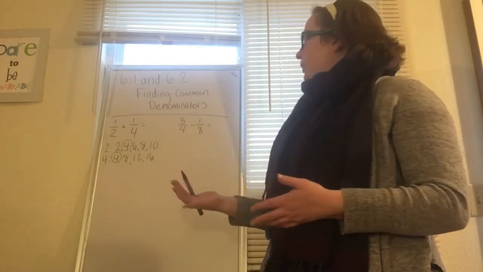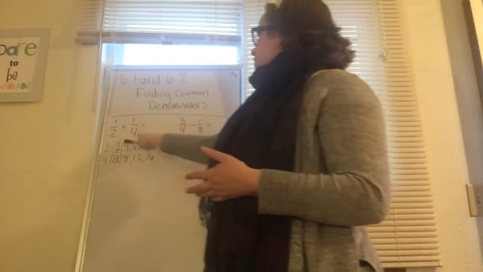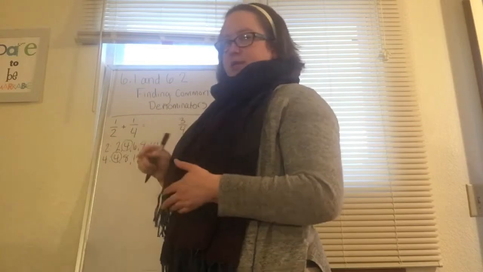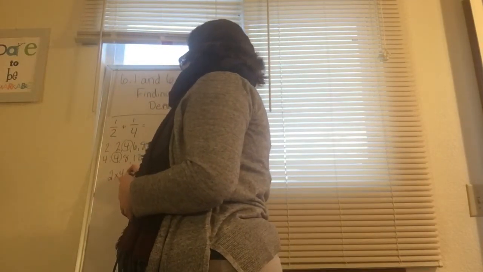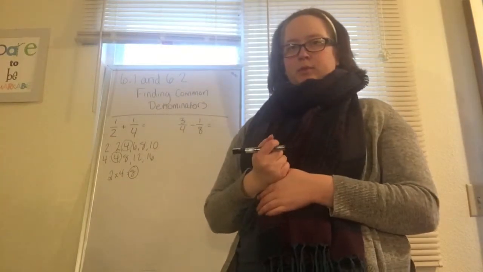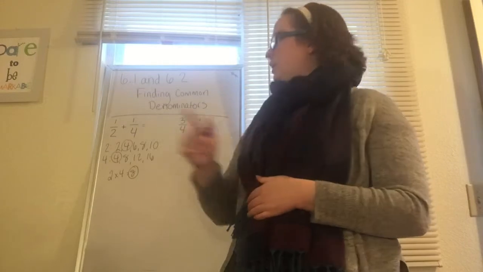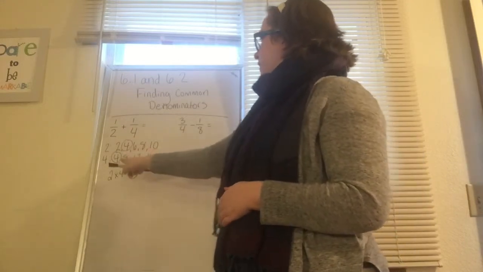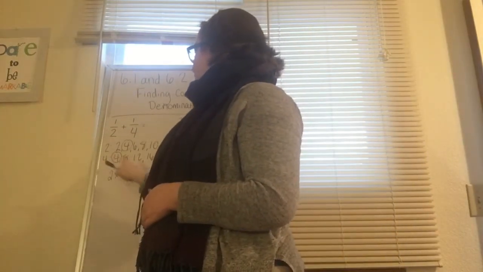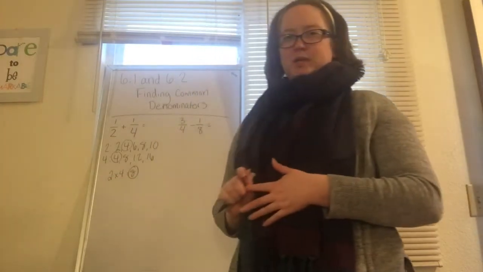Or we can just multiply our denominators together. So we could do 2 times 4 equals 8. So that means we could either have our denominators be 4 or we could have our denominators be 8.